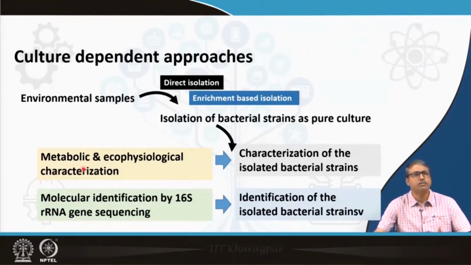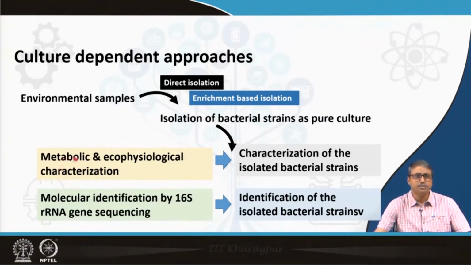Although there are certain norms or dogma that we generally try to follow in certain cases, if we intend to describe some of the isolated bacterial strains in terms of their novelty, or a detailed taxonomic description, then we have a certain set of techniques, and I will give one example to understand that.